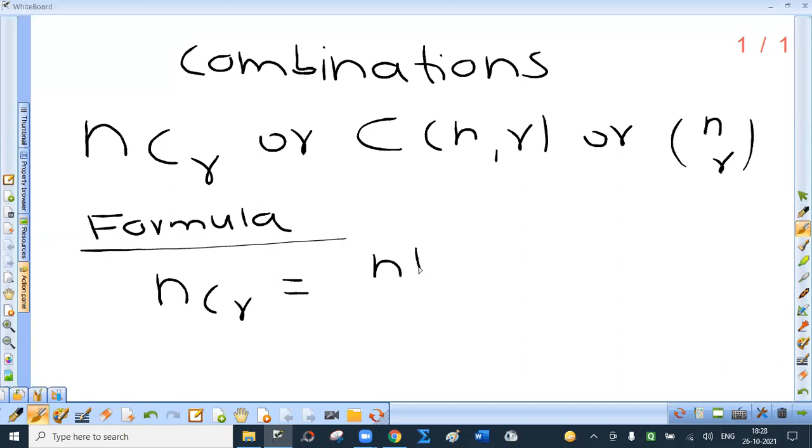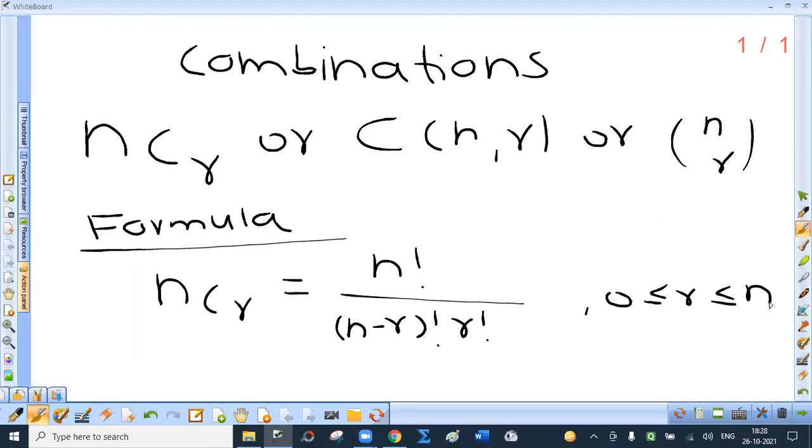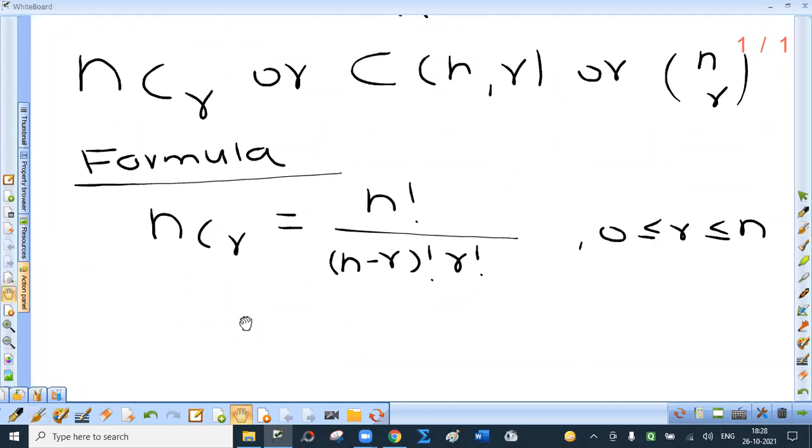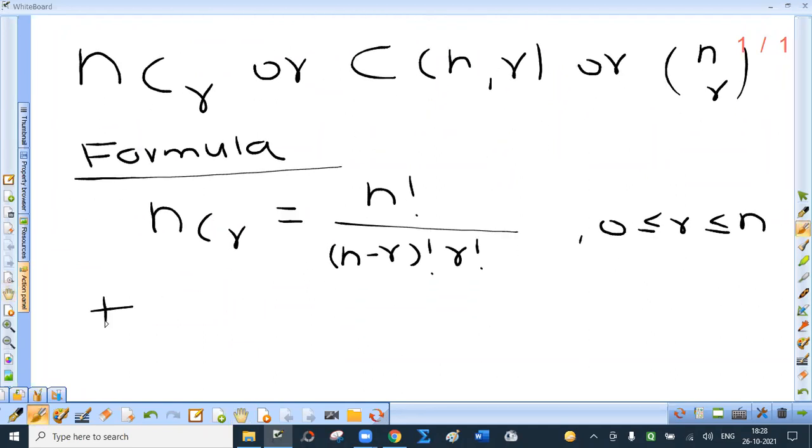Then write down the formula. So what is nCr? n factorial upon n minus r factorial into r factorial. nCn is 1 and nC1 is n.